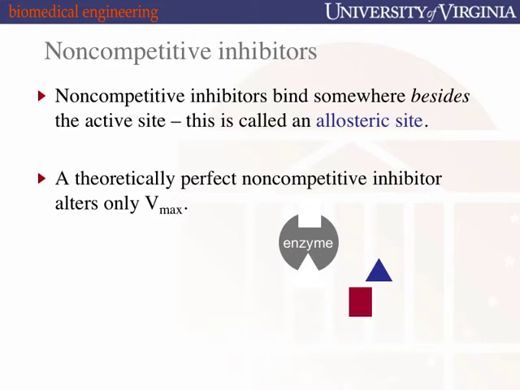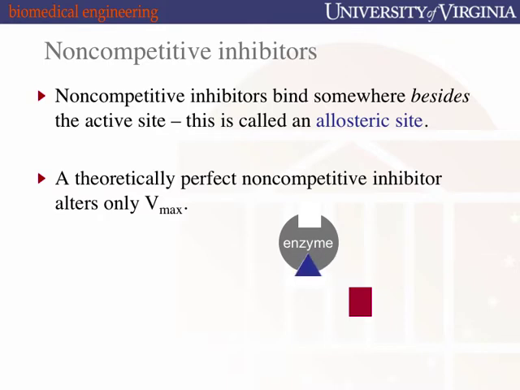If I look at half of this guy, well, he's kind of inhibited it by 50%. So the half Vmax of this guy is right here, and there's his Km. And the half Vmax of this guy is somewhere right around here, and his Km is right there, right? So that's the theoretically perfect non-competitive inhibitor. You haven't changed the Michaelis constant, but you have changed the Vmax.